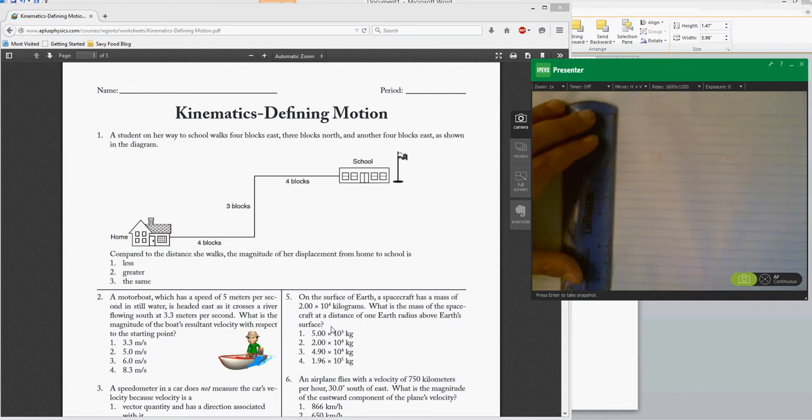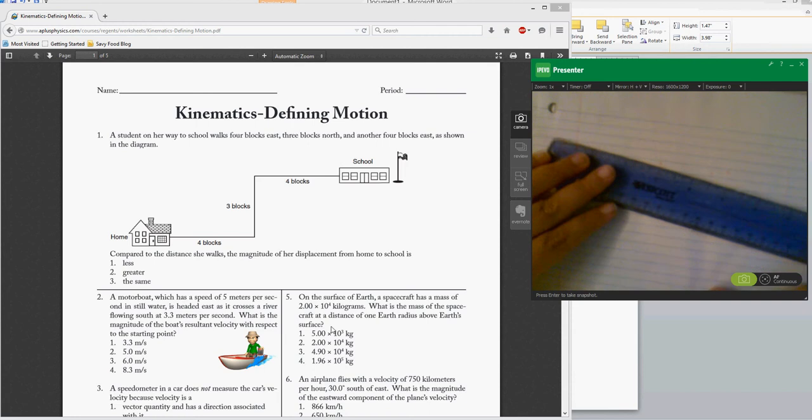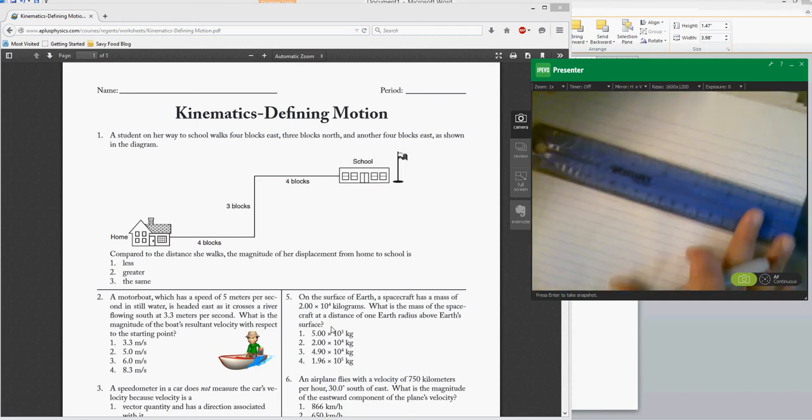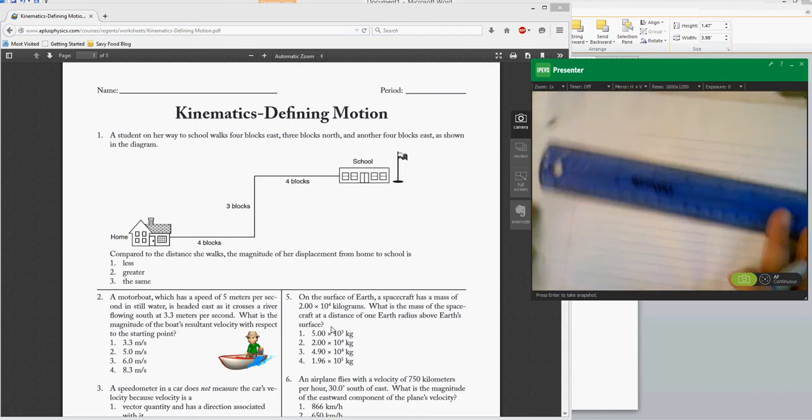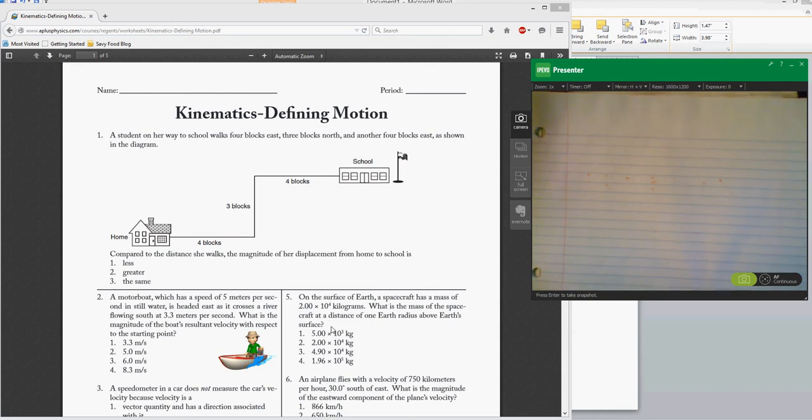That means we're looking for the magnitude of the resultant of the two vectors. We're going to start with one vector. One of them is going 5 meters per second in still water, headed east across the river.